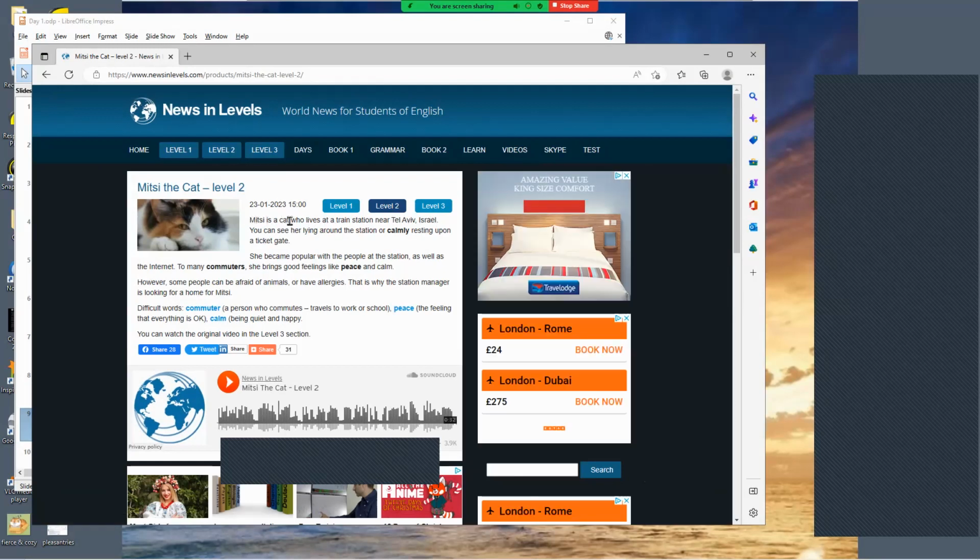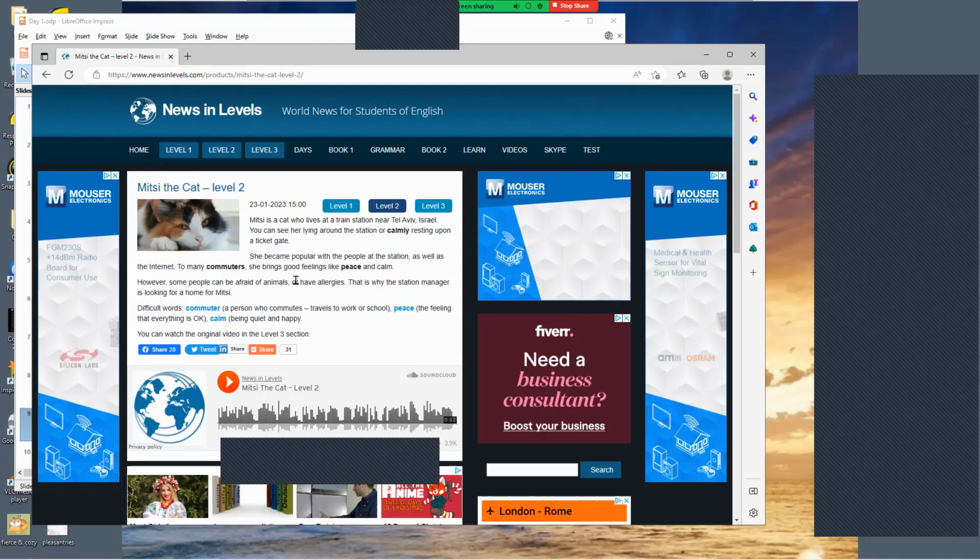Mitzi is a cat who lives at a train station near Tel Aviv, Israel. Right? So they put three of those sentences into one. Reading this is important, to start at the beginning, to go through and read all three levels, because what you will see is the progression of English grammar.